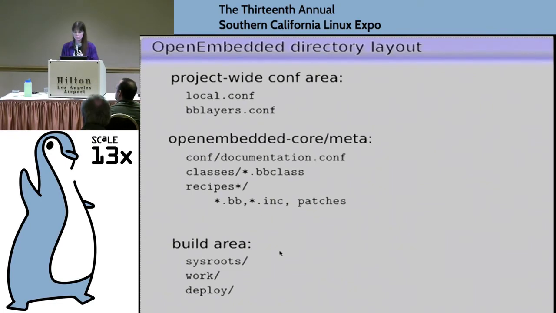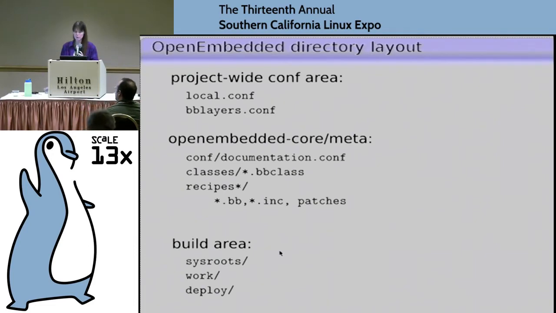So for comparison, we're going to take a high-level look at the directory layout. And this is actually harder because OpenEmbedded is so flexible that it gives you flexibility in how you lay out even your top-level directories. So different distributions can do it differently. So I have these general tags for meaning wherever your distribution decides to put it, check your distro-specific docs.